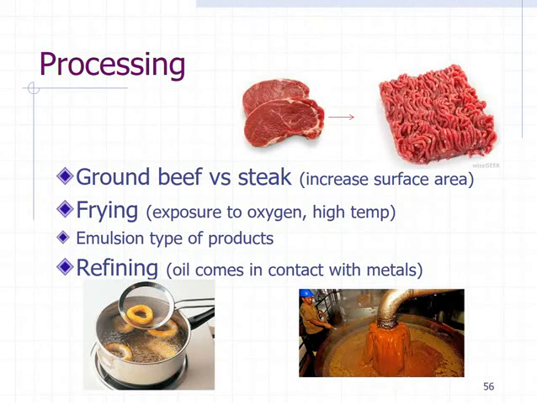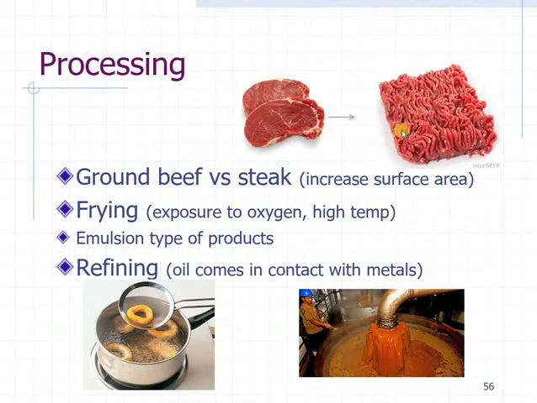Processing, as we already mentioned: there's a whole lot of processes that we do. We dehydrate, we freeze, we pasteurize, we sterilize, everything. An example of processing is ground beef versus steak.